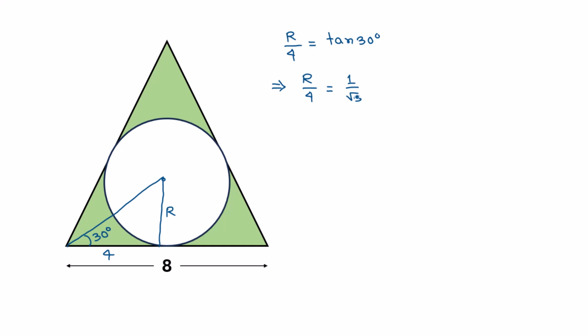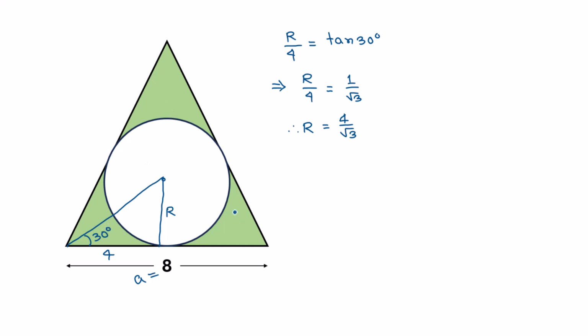Now multiplying both sides by 4, we will get the value of r. So r is equal to 4 times 1, which is 4 over square root of 3. This is the radius of this circle, and consider the side length of this triangle is a.